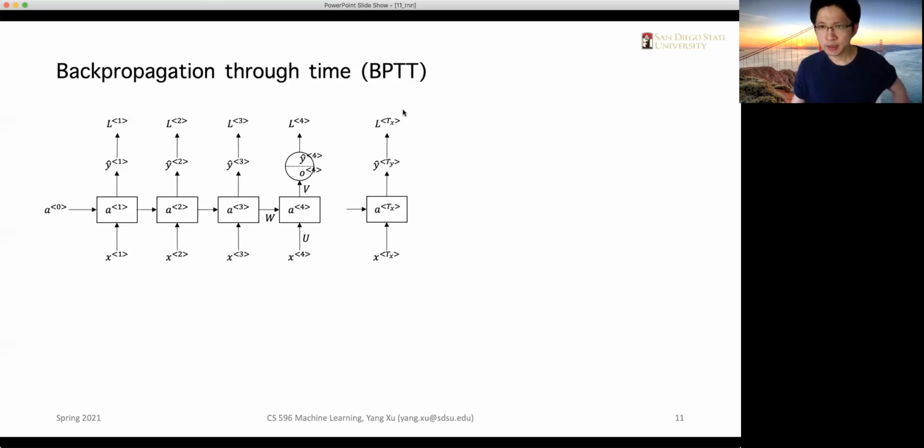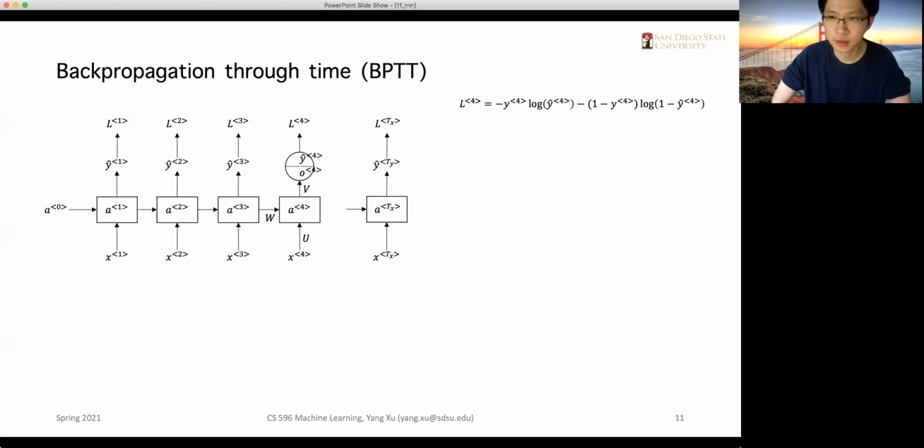So on this slide, we will show a complete example of how the back propagation through time looks. Right, let's focus on the fourth time step and assume that this is a logistic regression task at this fourth time step, and this is how the loss is constructed, right? And since y hat is the sigmoid function applied to the output, let's call it O4, okay? We know that O4 is a linear combination of the weight matrix V times A4.